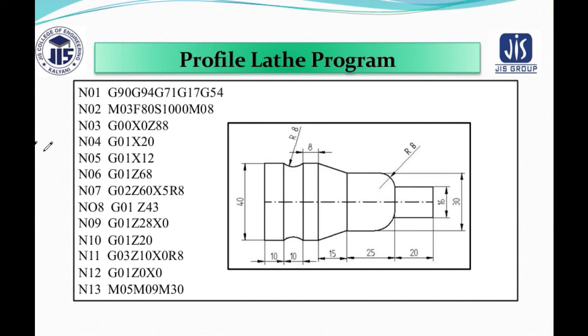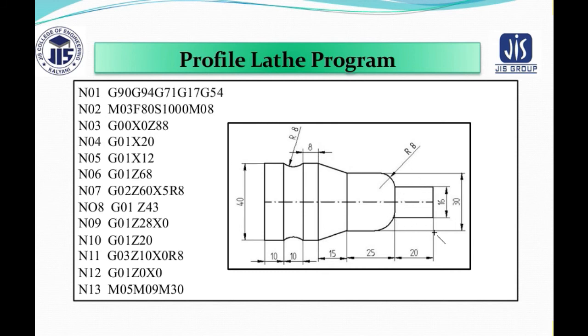Okay, so now right now, you see this is a symmetric job. In a lathe machine, whenever we perform the operation, we decide to perform the operation in one portion, means we will consider the calculation in one half of the section, then automatically the remaining half will be machined.